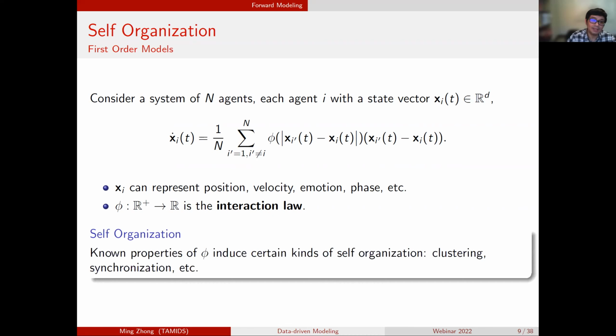Okay, once I have that, then I know that if I put certain properties on this interaction law or interaction functions, then I can induce a certain kind of self-organizing pattern. For example, clustering, if I have all the phis being positive, or synchronization, when all the phases would swing or tick together. So all of these different things arise if I put certain properties on this phi.